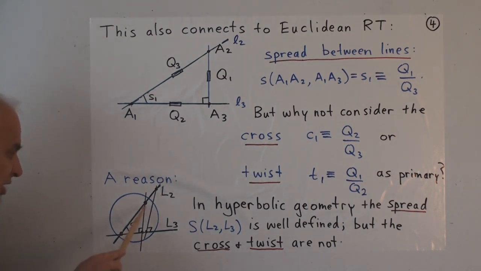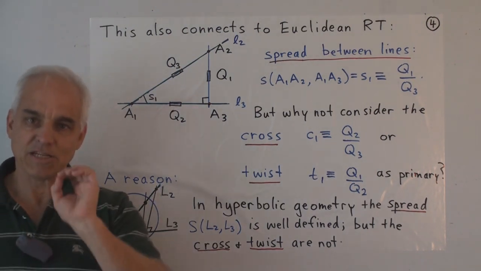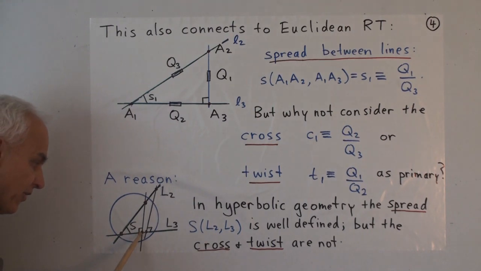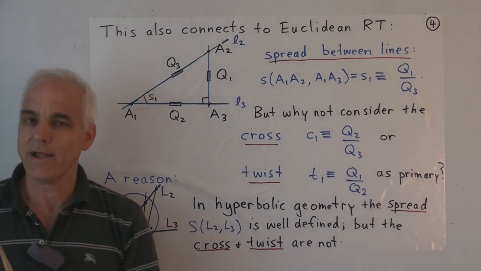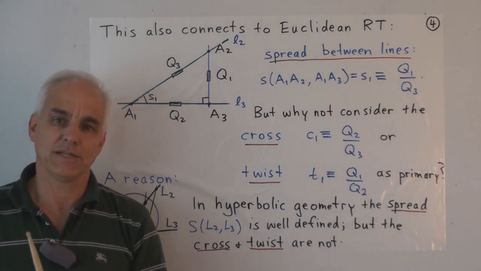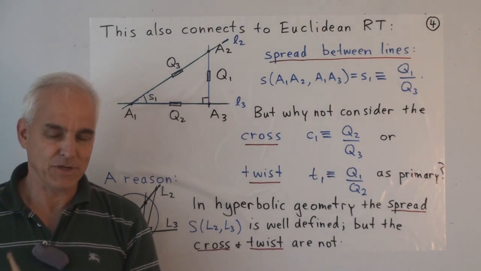And that's the same with the ratio of opposite over adjacent. So this quadrants divided by this quadrants is not equal to this quadrants divided by this quadrants. There is something special about exactly this ratio, this one to this one, that is the same in both triangles. It's a sophisticated but important explanation for why it's the spread which is the primary quantity between two lines.